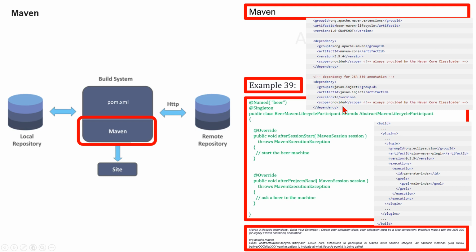Generate Sisu index files during the build of your extension jar. Always provided by the Maven core class loader. Dependency for the JSR 330 annotation. Always provided by the Maven core class loader.